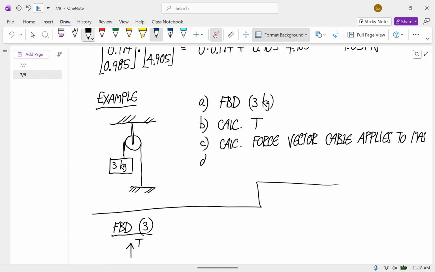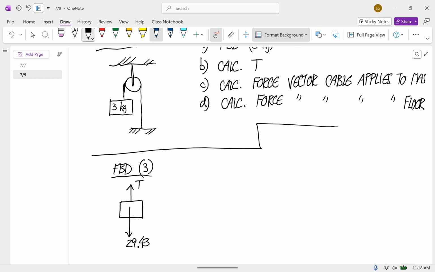And then last, calculate the force vector the cable applies to the floor. Okay, so take a few minutes and see if you can do it.